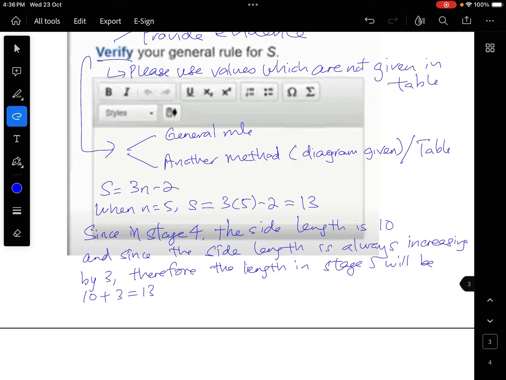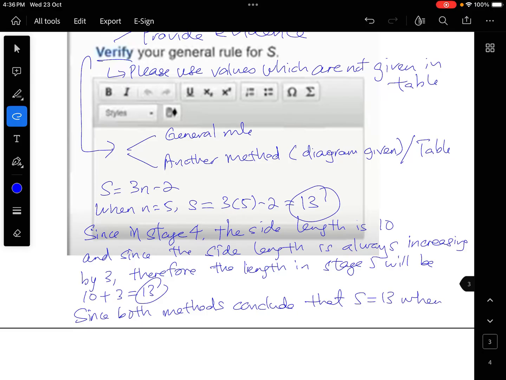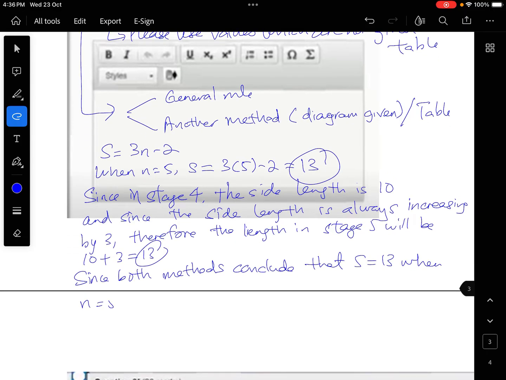Since this number and this number match, both methods conclude that S is 13 when N is 5, therefore my rule is verified. It's always good to give a concluding statement after you have shown how to verify the general rule.